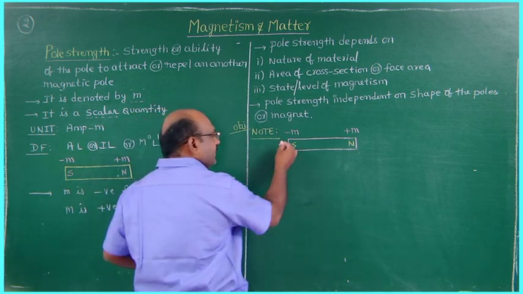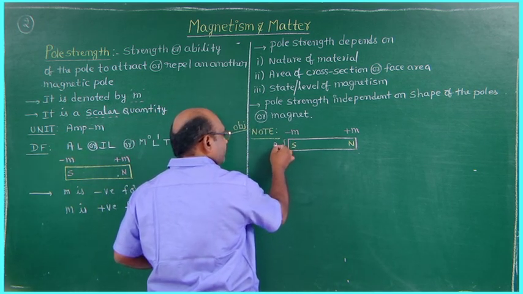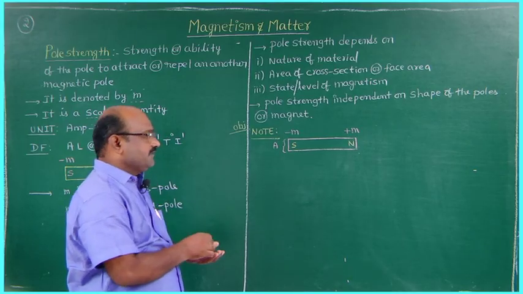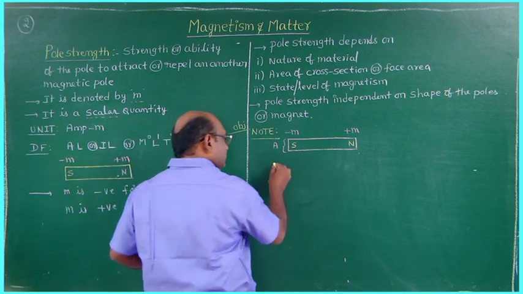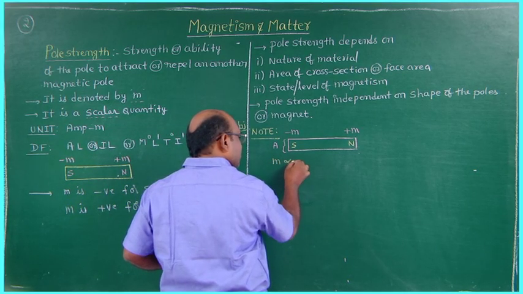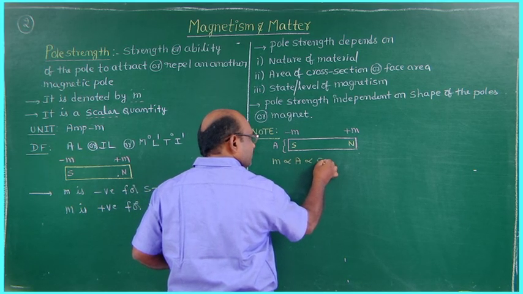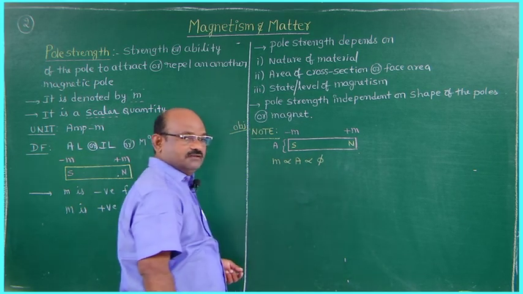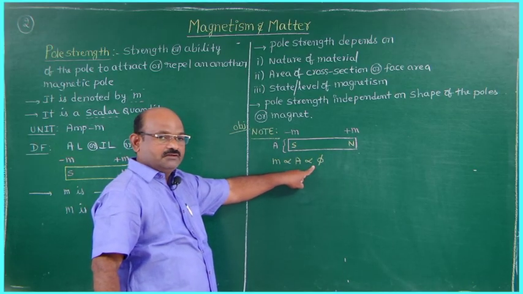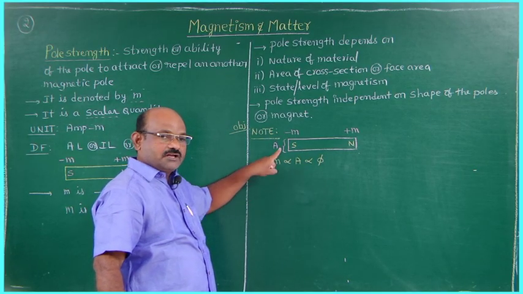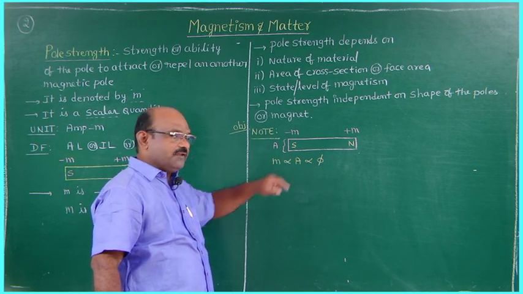Here the face area, or area of cross section, of the magnet is A. Pole strength is directly proportional to the face area, which is proportional to the magnetic flux. It will come later, just keep it in mind.